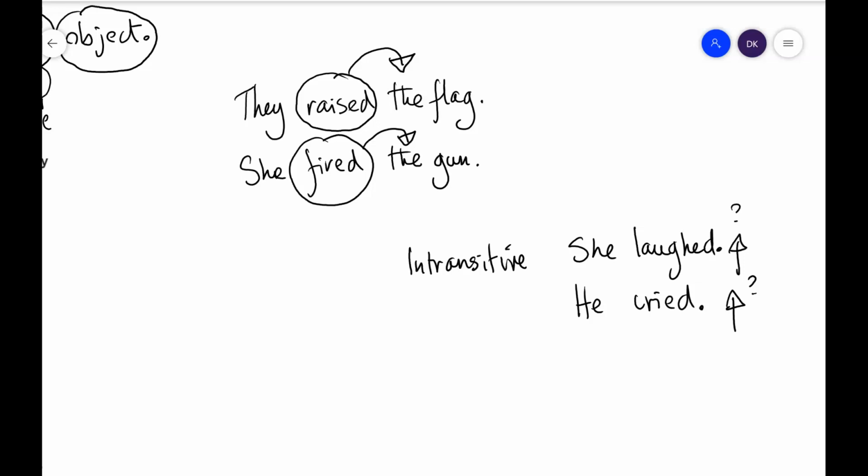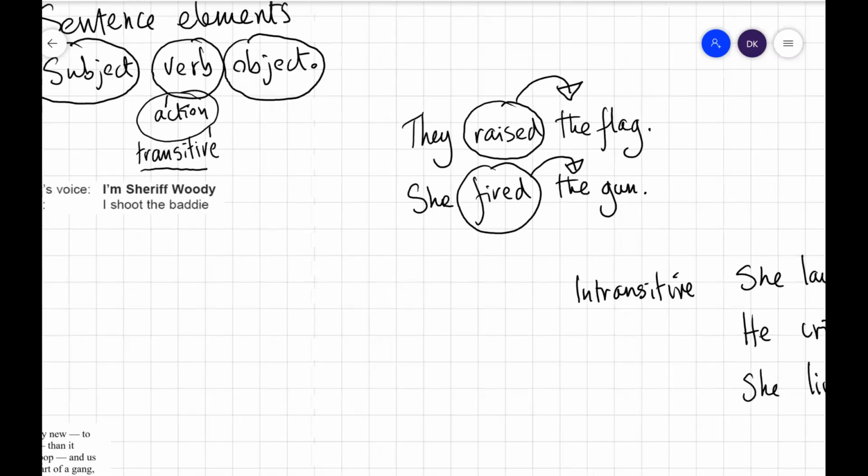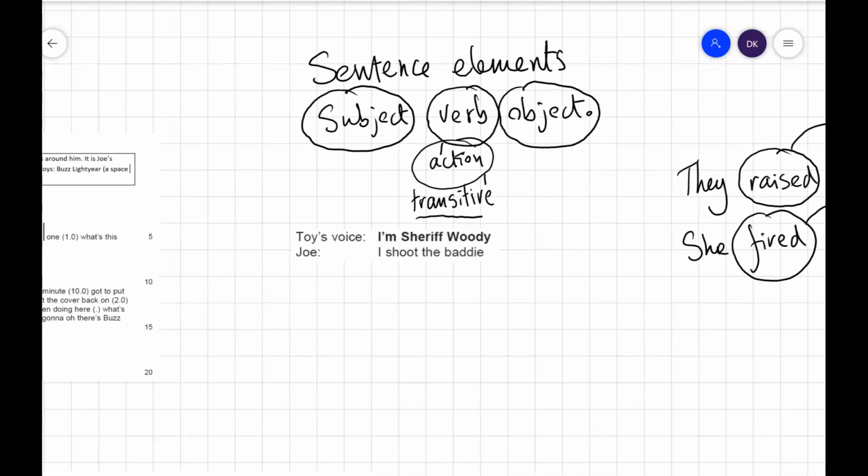She laughed. You can say she laughed hysterically, or she laughed ironically, if you like. That's not adding an object. That's just telling you how she laughed. You could say she lived in the village. Again, that's not an object, it's just telling you where she lived. More on that later on.